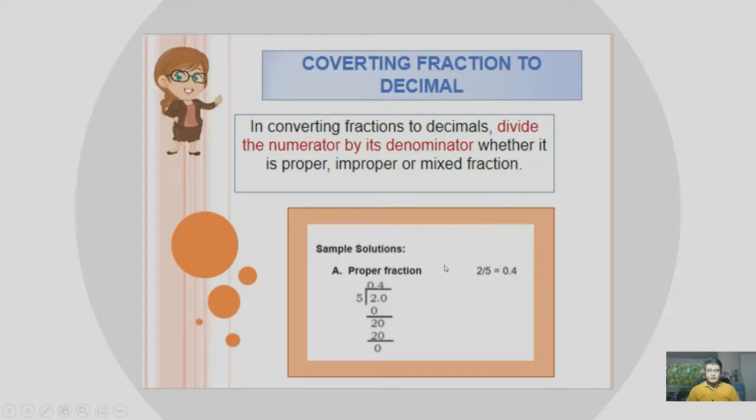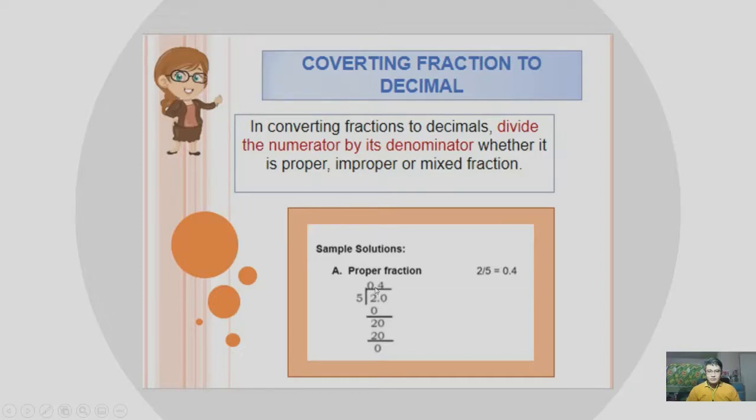We have here a sample solution at the bottom. A is for a proper fraction. 2 over 5 is a proper fraction. 2 divided by 5 cannot be done, so we have to borrow 0.